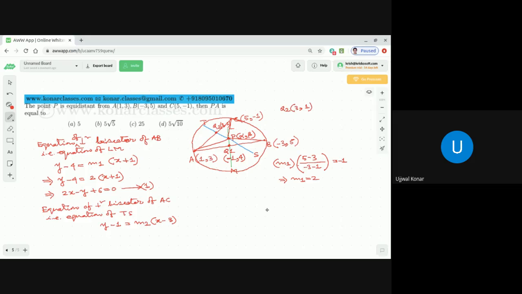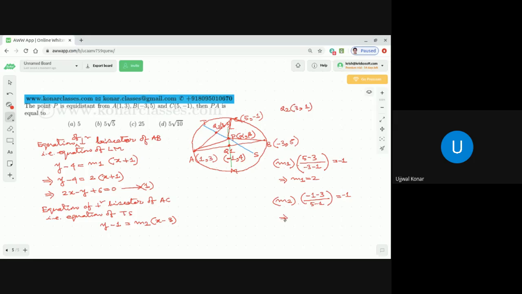m2, which is the slope of the line TS, is perpendicular to the line AC. So the product of their slopes has to be minus 1. So that means m2 into the slope of the line AC, that we can find as minus 1 minus 3 divided by 5 minus 1, should be equal to minus 1.